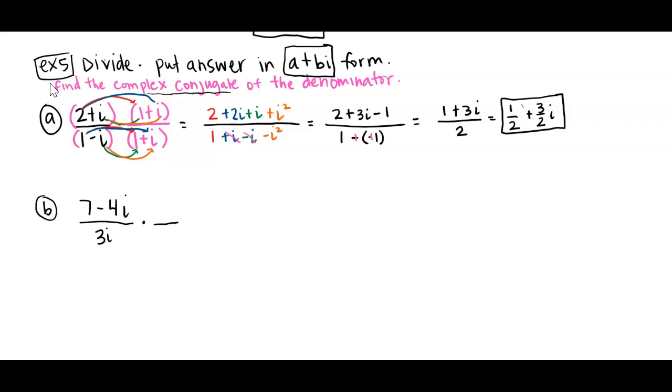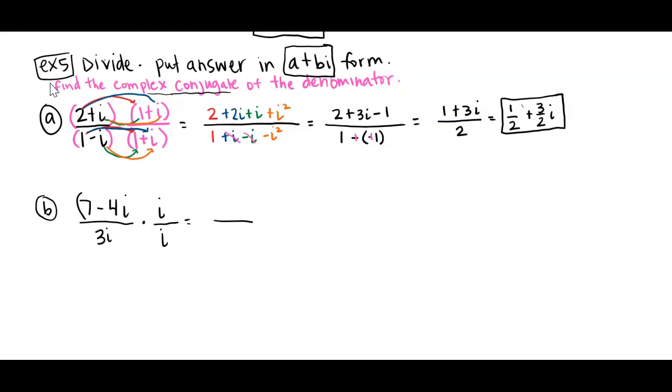Well, if I times the bottom by i, that would make this an i squared, which is really a -1. So on something like this, where the bottom isn't a binomial, it's just a monomial, then you can just multiply the top and bottom by i. Right? And so when I do that, it's like I'm distributing.